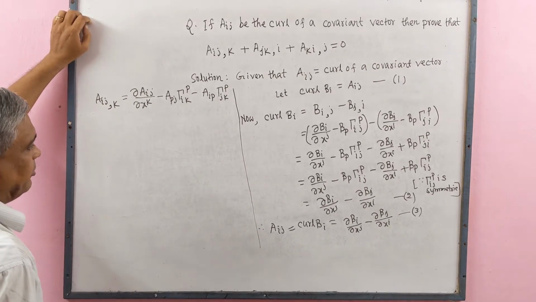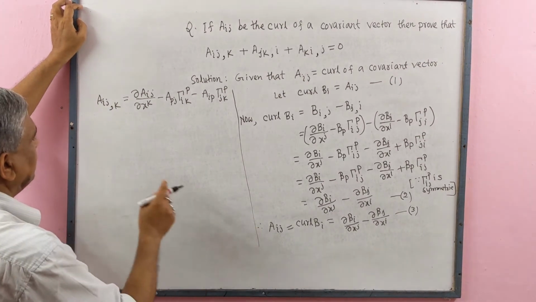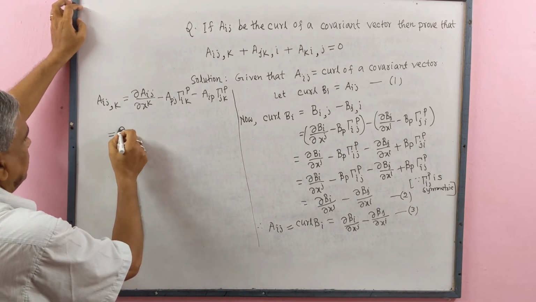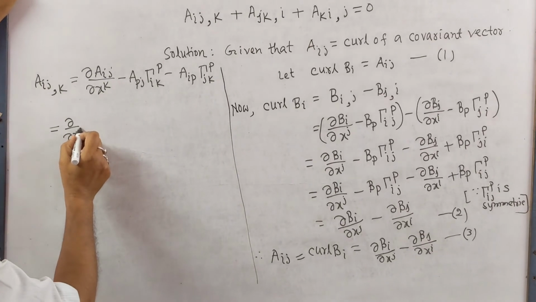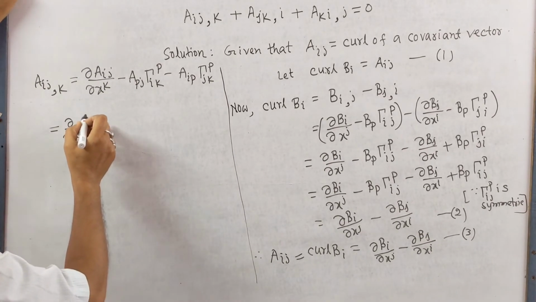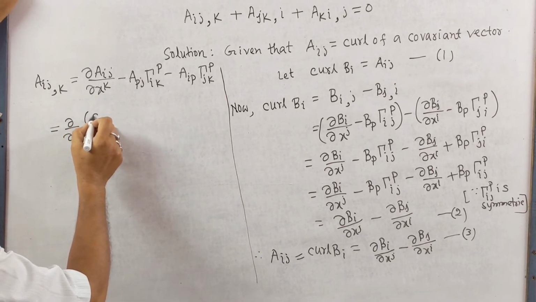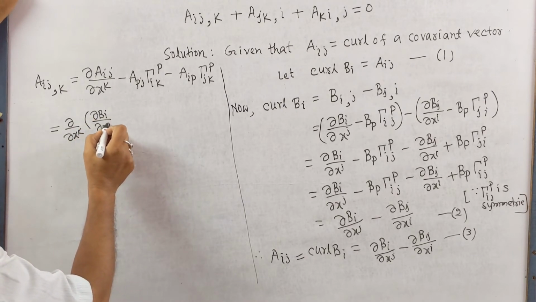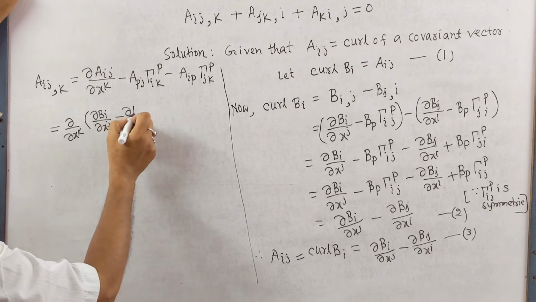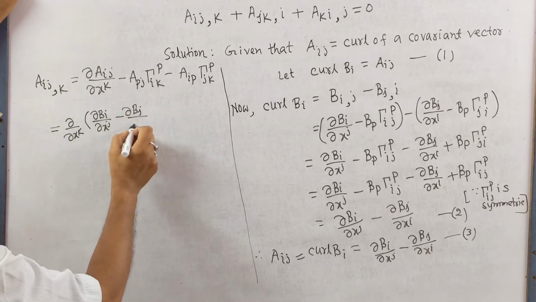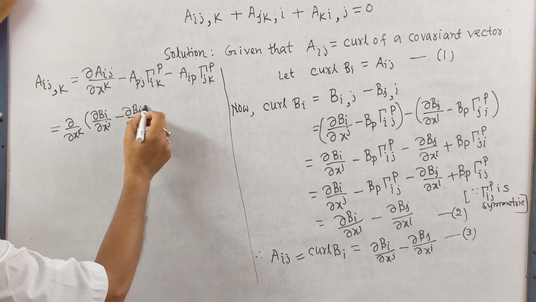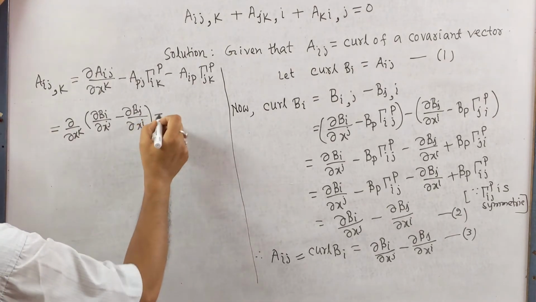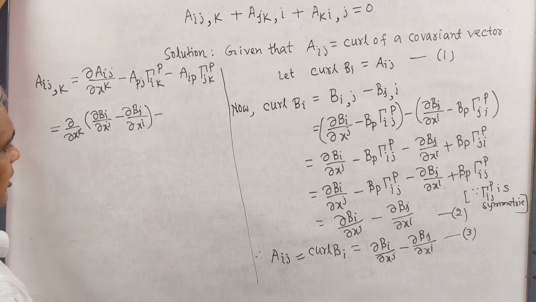Now putting the value of a_ij from 3, equal to ∂/∂x_k of a_ij, which is ∂b_i/∂x_j minus ∂b_j/∂x_i, minus the value of a_pj.